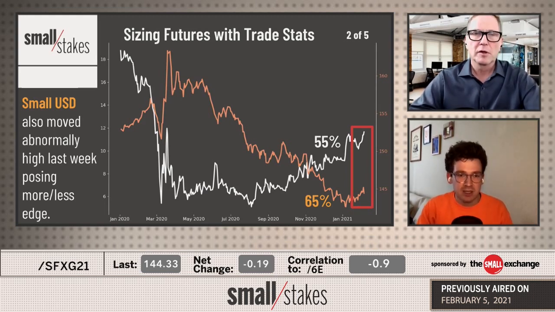Whereas last week's move higher in dollars kind of came out of nowhere. We thought it was more of a random move, like, I don't know why this dollar is rallying. And so maybe a little bit more edge. Maybe you got about a 65% confidence in that short dollar trade as opposed to 55% confidence in that short yield trade. And that's going to dictate size for you, right?